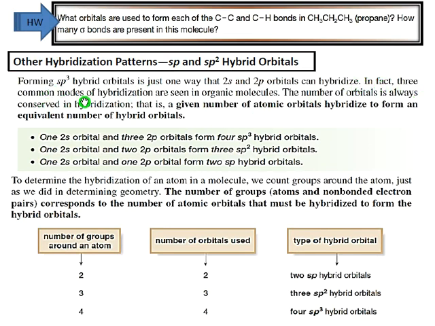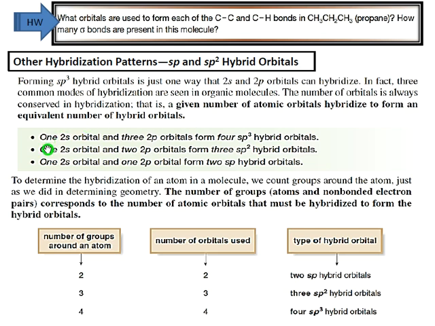Three common modes of hybridization are seen in organic molecules. The number of orbitals is always conserved in hybridization. That is, a given number of atomic orbitals hybridize to form an equivalent number of hybrid orbitals.